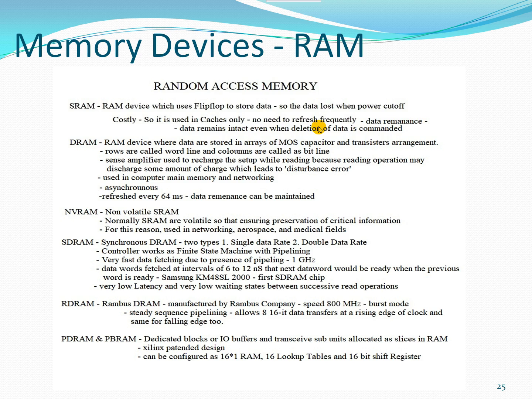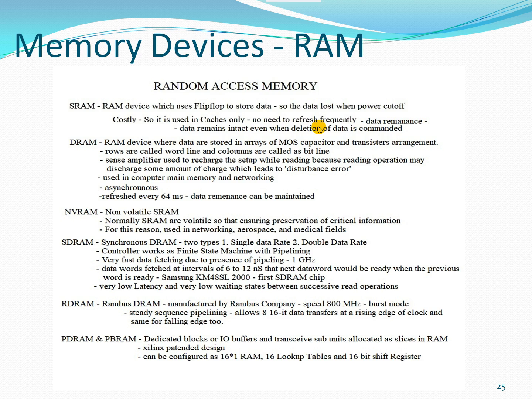These sense amplifiers are used to recharge the cells while reading, because the reading operation may discharge some of the charge, which leads to disturbance errors. Whenever we frequently read particular data from the DRAM, those charges are drained at some point, so we need to recharge them frequently. That recharge purpose is met by the sense amplifiers.